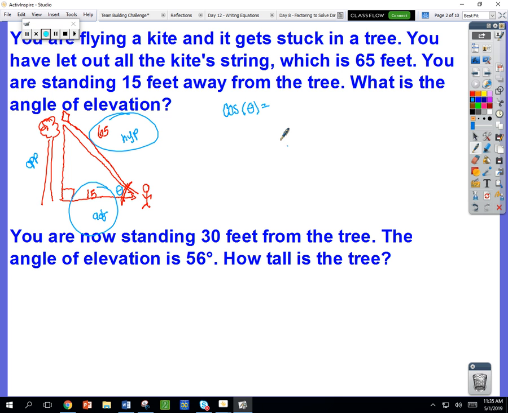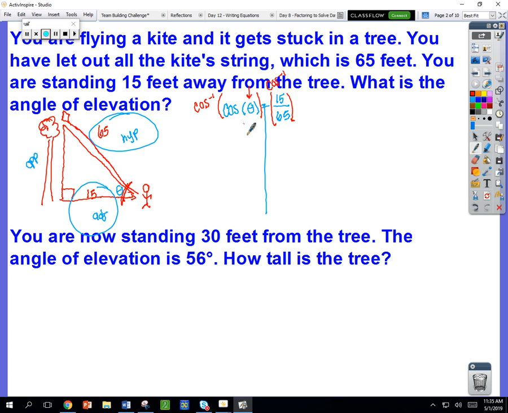So the adjacent was 15. The hypotenuse was 65. So now I'm going to try to get in here and solve for theta again, and theta is having the cosine taken of it. So I need to undo cosine by doing cosine inverse. What I do to one side, I have to do to the other. And when I did this, that undid cosine.